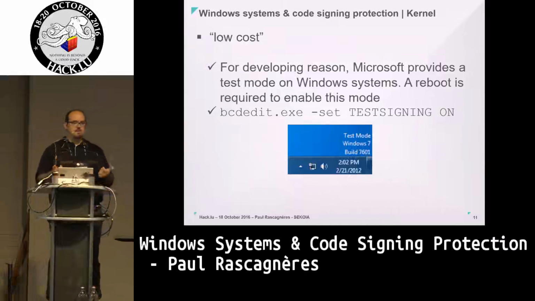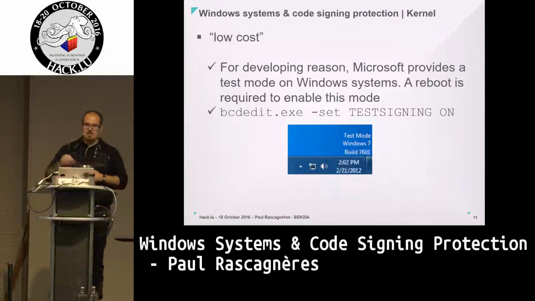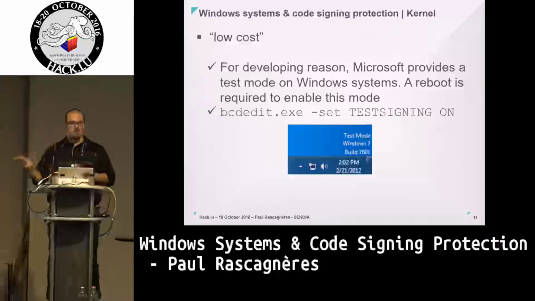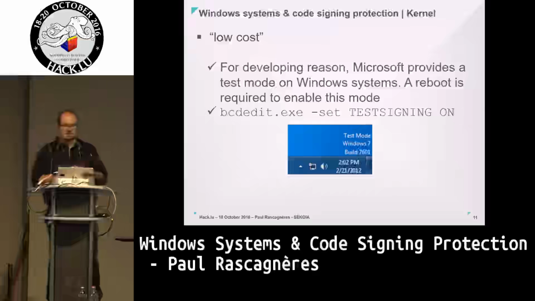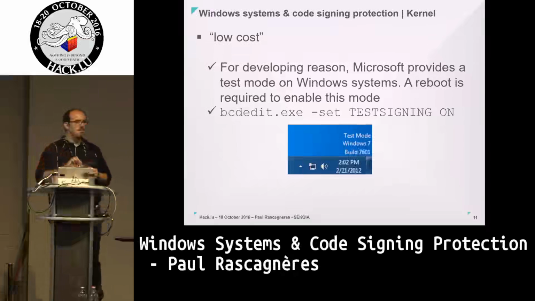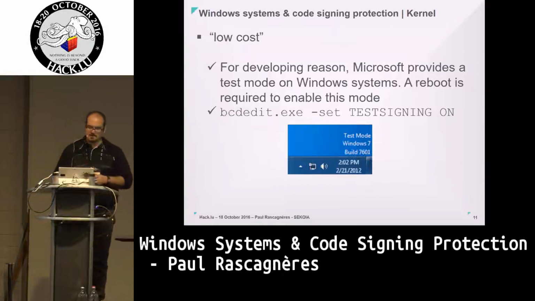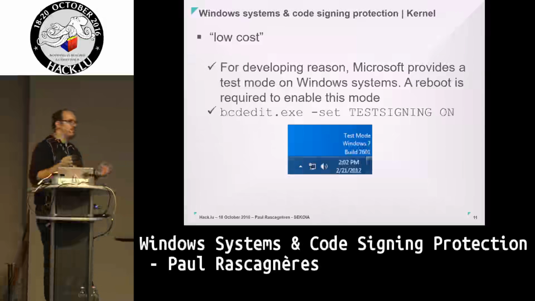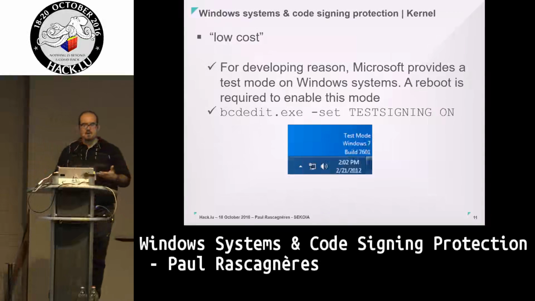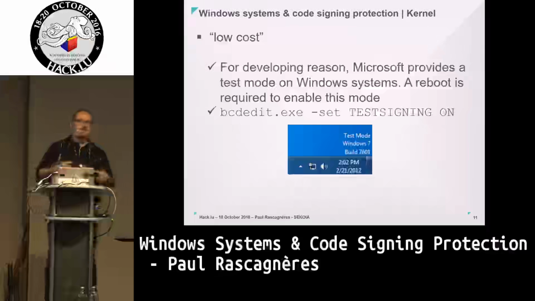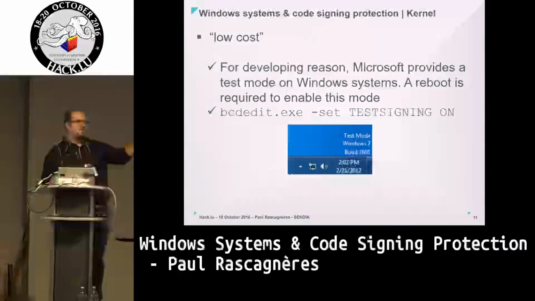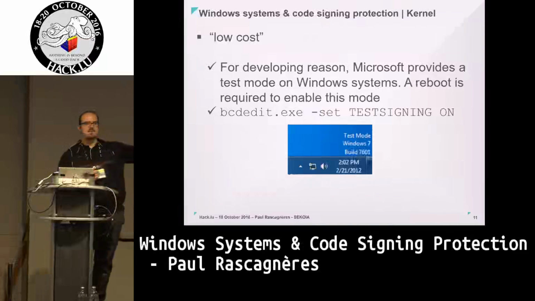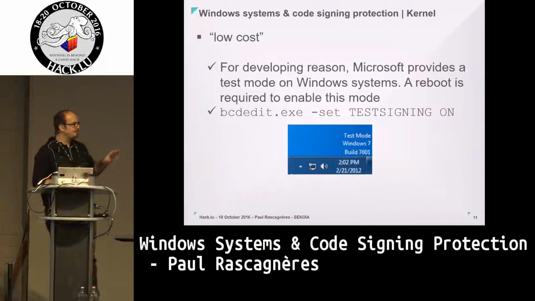When you switch to test mode, you are able to load unsigned binaries, but at the bottom right of your Windows system, you have the text you can see on the screenshot: test mode, Windows 7, and the build version. So it's not really discreet. If you switch your system to test mode, you have a huge text that mentions you are in test mode. If you saw this on several of your servers, I think you have a big problem.